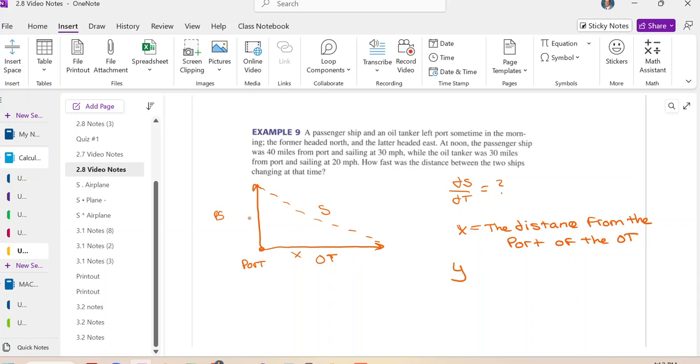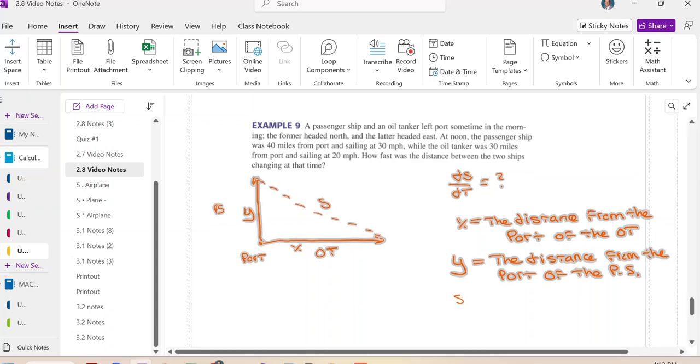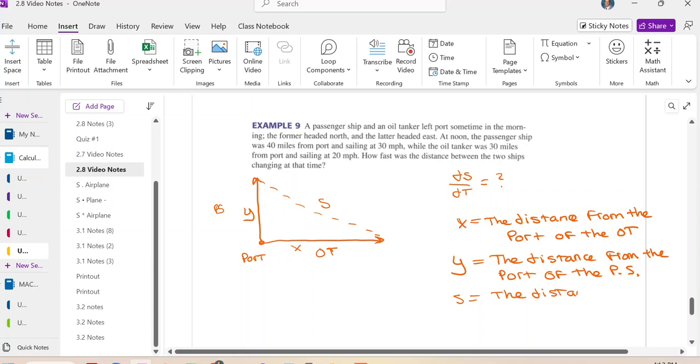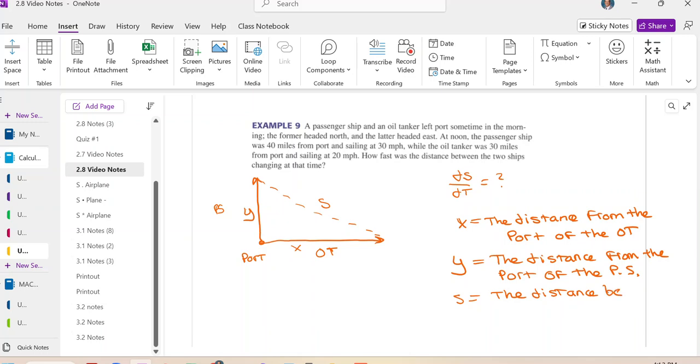We'll let y be the distance from the port of the passenger ship, and then we'll let s be the distance between the two ships.